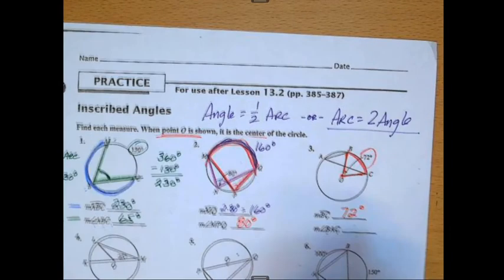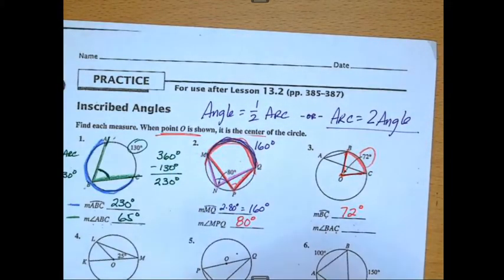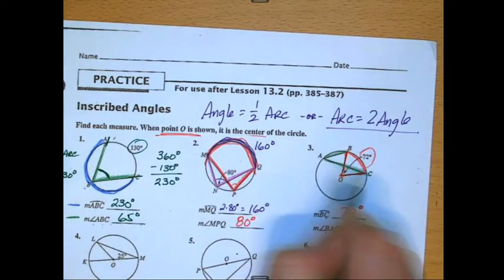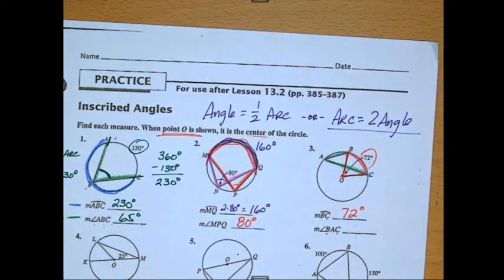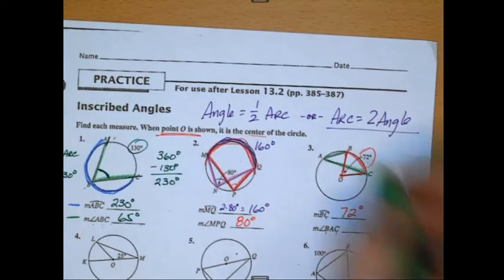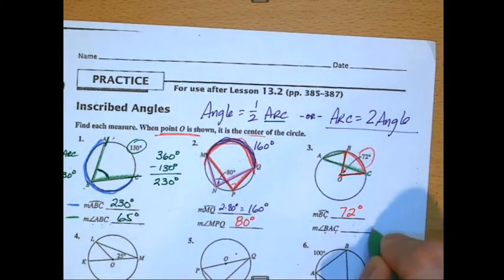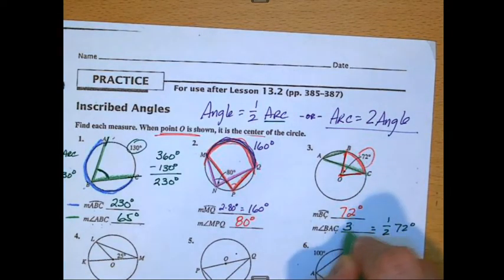They want to know what BAC is. Well, let's go with green. B to A to C. Well, that intercepts that same arc. So if I have the arc, in order to find the angle, I take 1/2 of 72, which is 36.